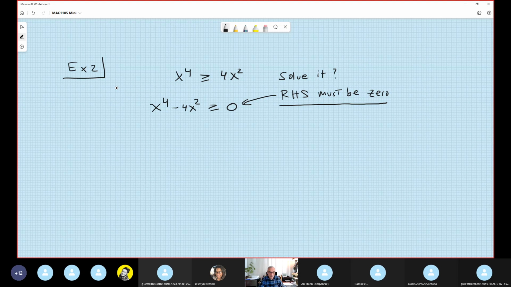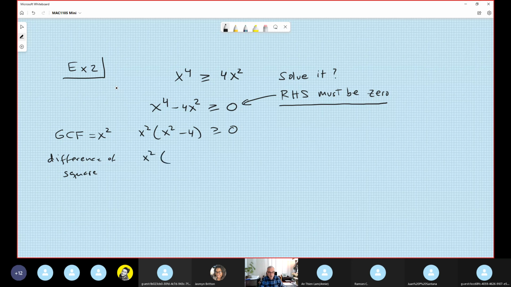Well, the recipe is okay. It's elementary algebra, factorization. The greatest common factor is x squared. Factoring out x squared, we have x squared times (x squared minus 4) greater than or equal to 0. I think, no, because I saw the difference of squares. Here, look.